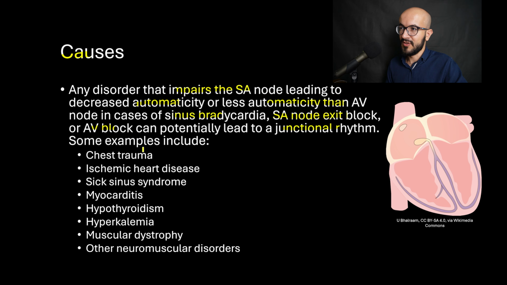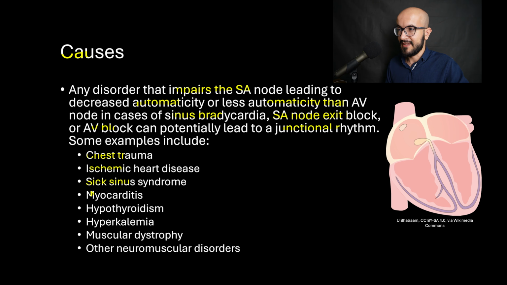And some examples include chest trauma, ischemic heart disease, like in cases of acute myocardial infarction, and in sick sinus syndrome. So in sick sinus syndrome, there is sometimes severe bradycardia that would lead to decreased automaticity of the SA node, meaning the AV node might take over and lead to junctional rhythm.